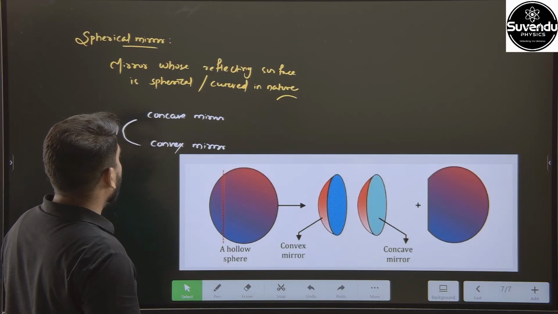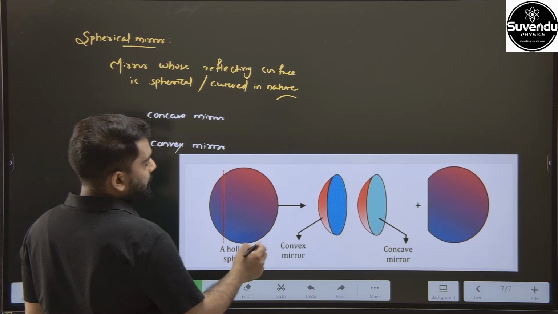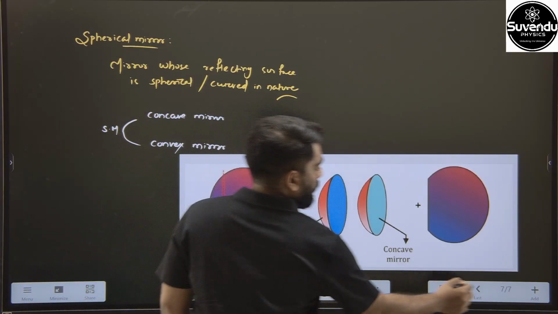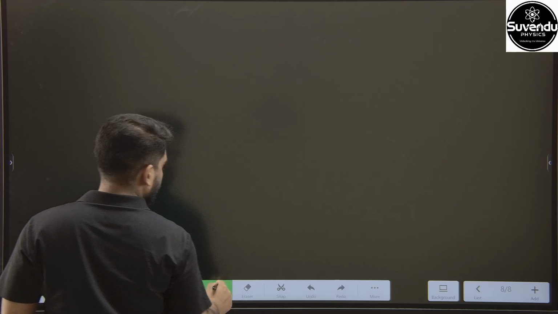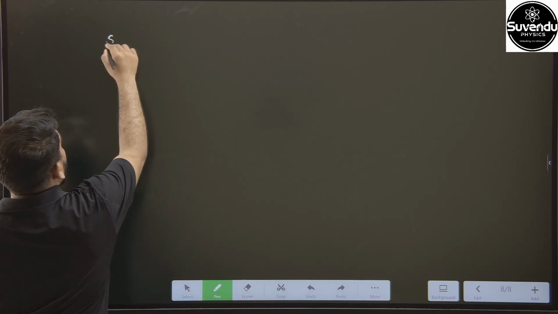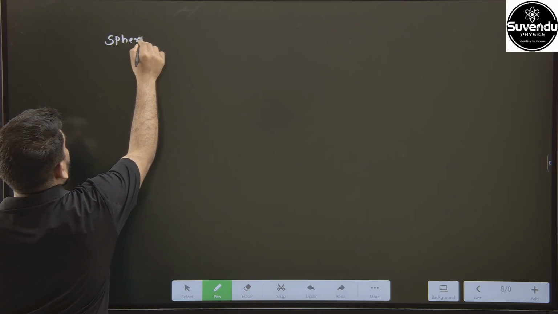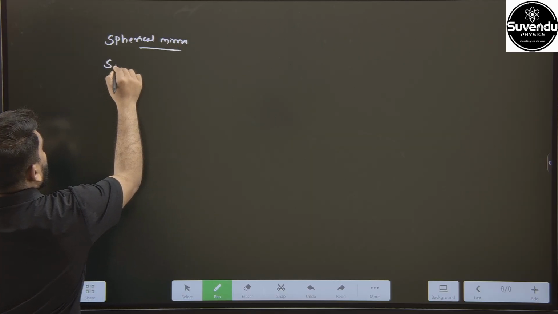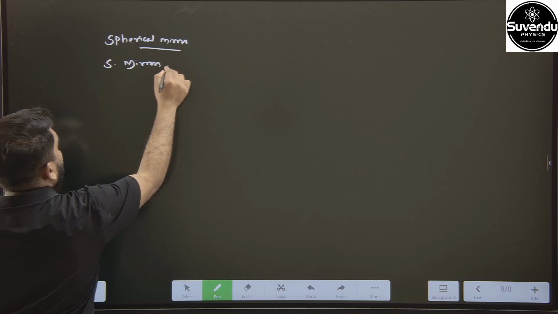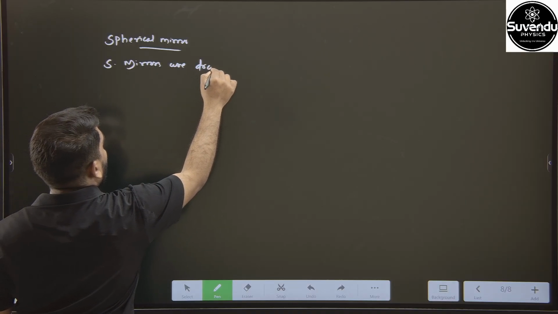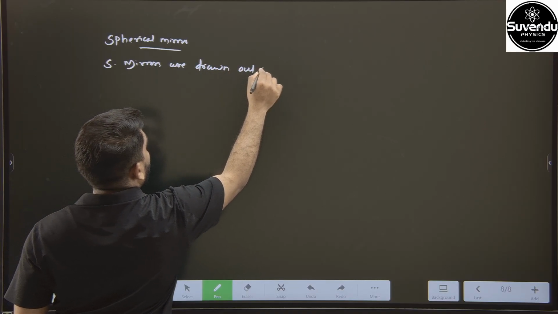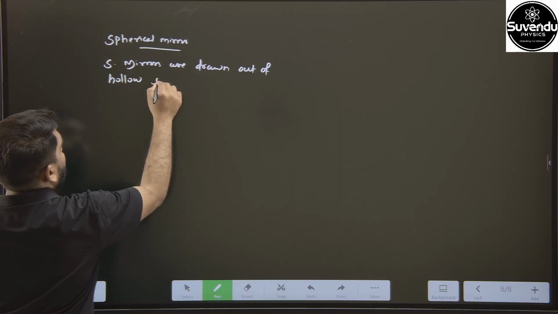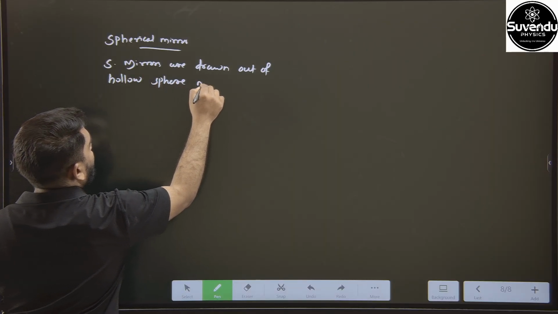So in the definition part, what do we have to write? Spherical mirrors are drawn out from the hollow sphere, made up of glass.